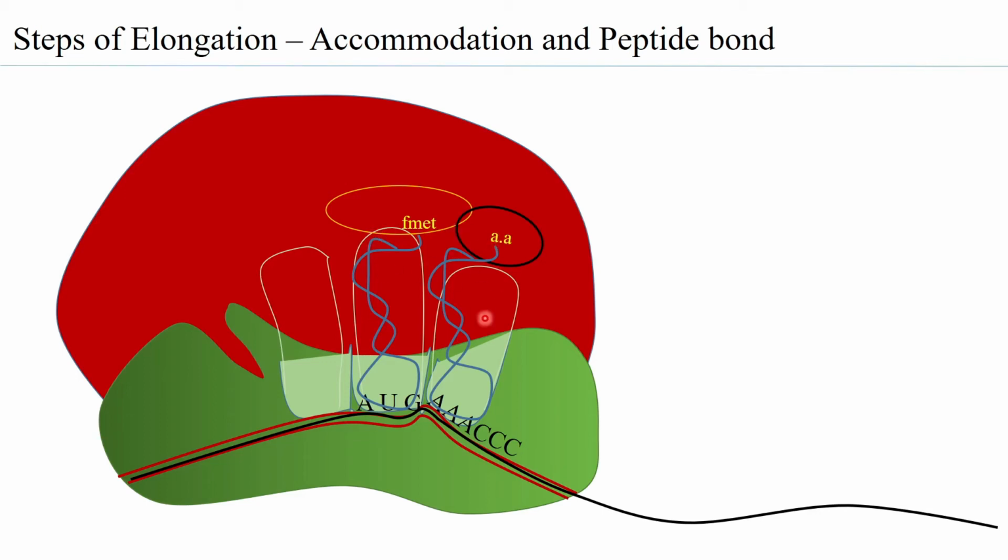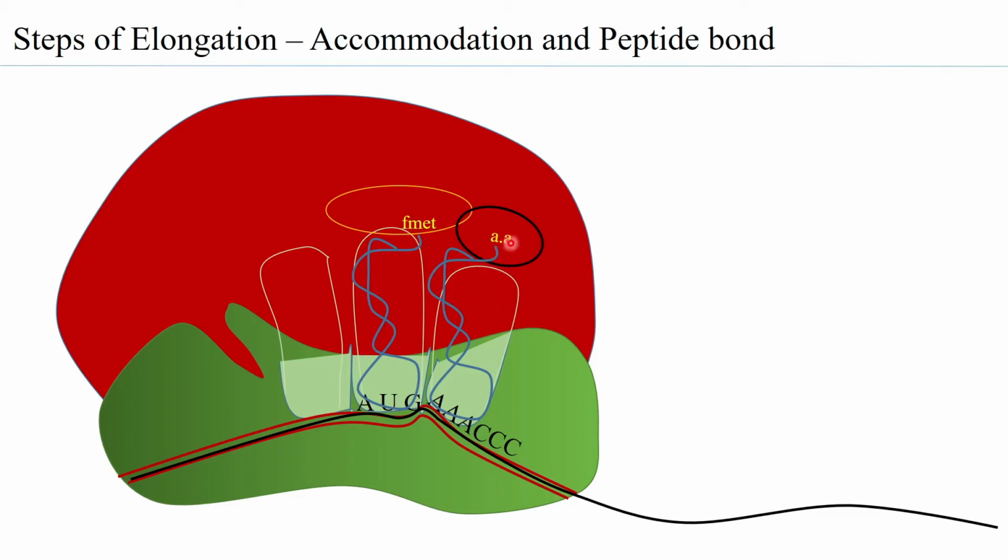Positioning of the tRNA in the P site and the A site is set such that this amino acid is away from the catalytic site, which means that to form the peptide bond, this amino acid should come closer to the peptidyl transferase center in order that the 23S rRNA present in the peptidyl transferase center interacts both with the fMet as well as with the amino acid, as these two are its substrates.